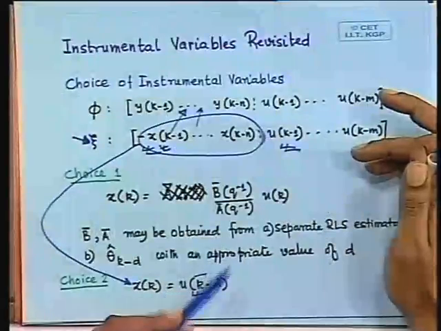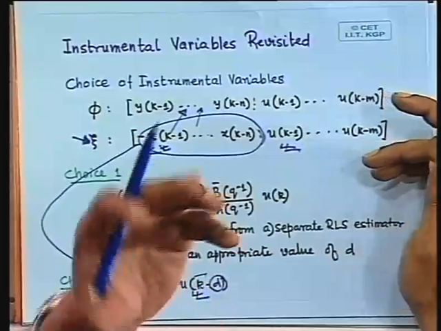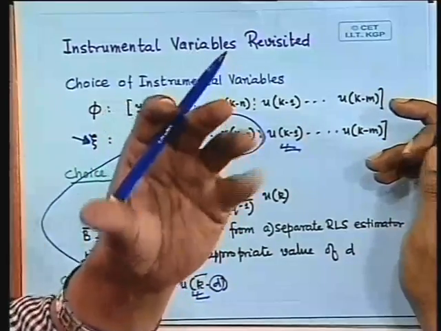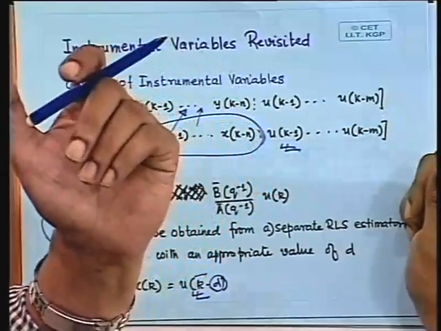So you choose d typically less than the time constant of the system. Now the point is, how do you know the time constant? You are trying to estimate the model and you are making assumptions about time constants.